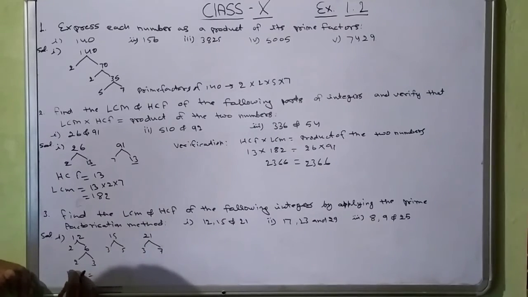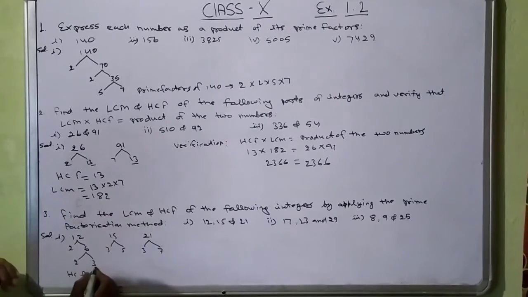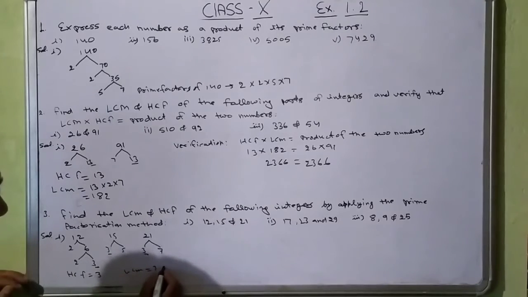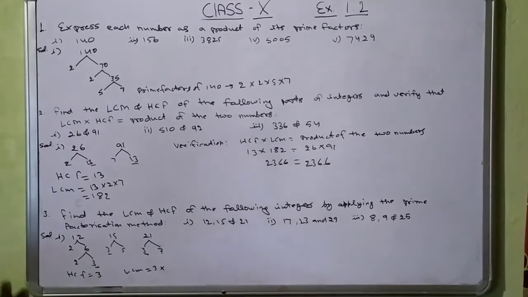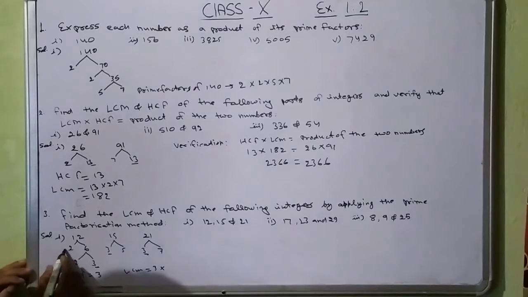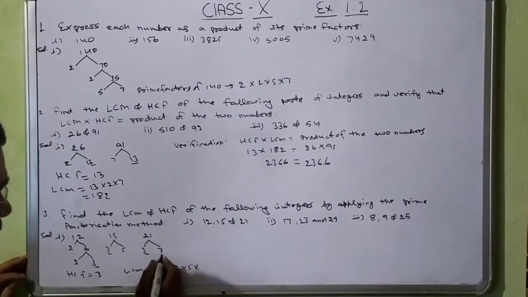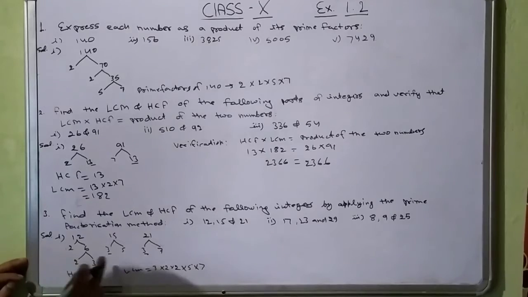HCF is equal to 3, since 3 is common. LCM is equal to 3, which is common, and the others left are 2, 2, 5 and 7.